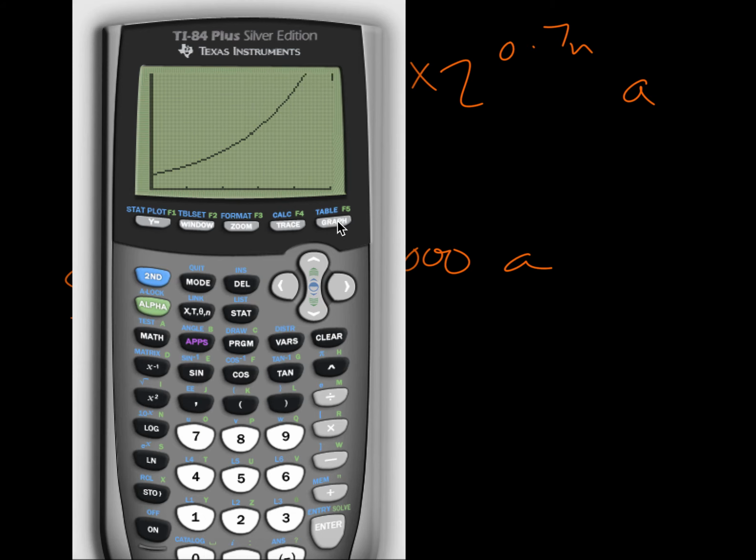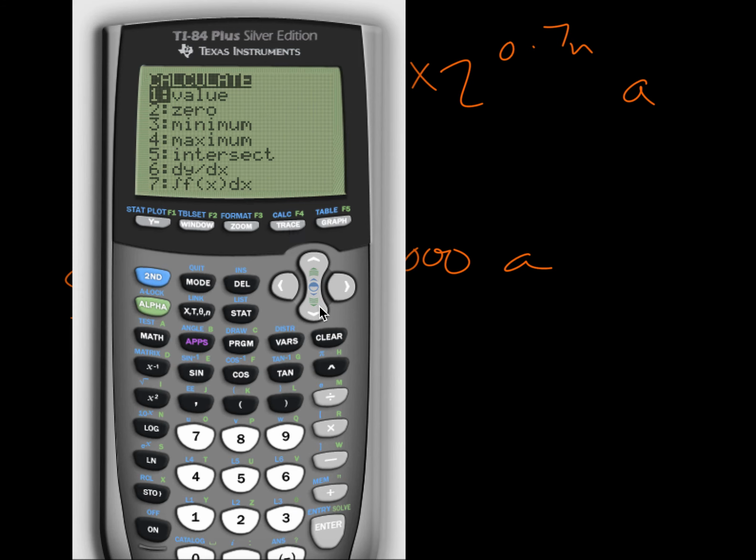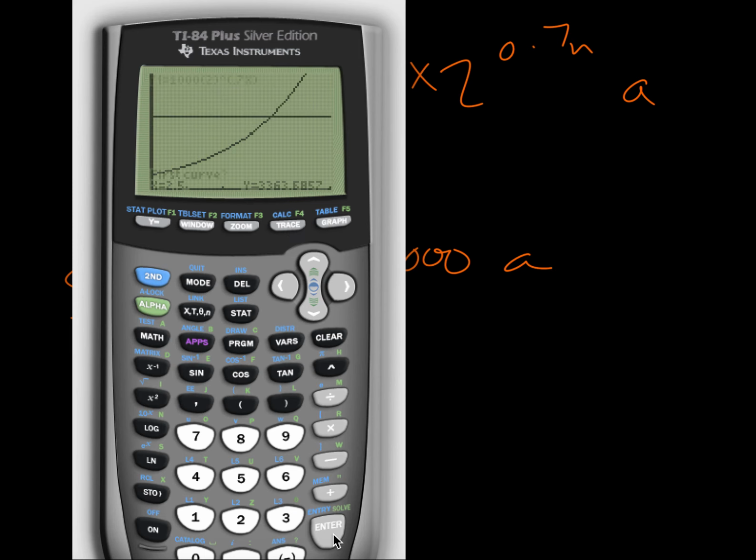Now, they wanted us to estimate when it was 5,000 acres that were affected, so that's where I'm going to add 5,000, and we just want to see where they cross. Okay, so we just need to find this, so we go second, calc, go to the intersect, curve 1, curve 2, guess where they intersect. It looks like it's about 3.32.